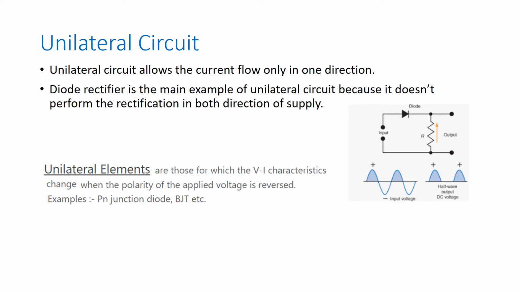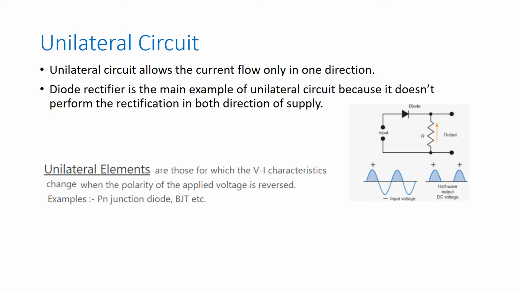Now coming to unilateral elements. These are those elements whose VI characteristics, that is voltage-current characteristics, change when the polarity of the applied voltage is reversed. If you remember the characteristic curve of a diode, it goes up on the positive cycle, but on the negative half it goes very close to zero and then goes down.